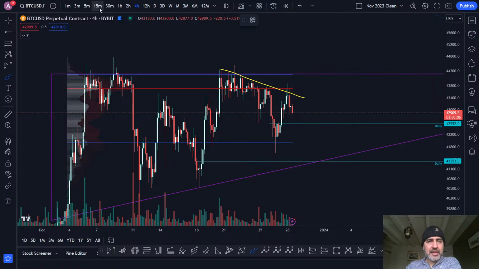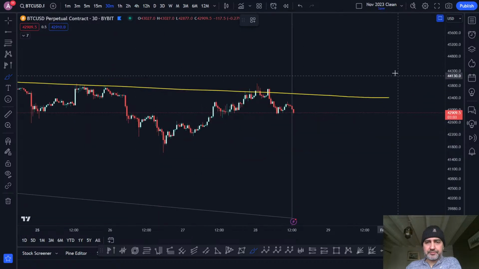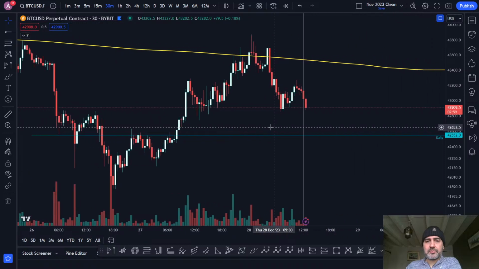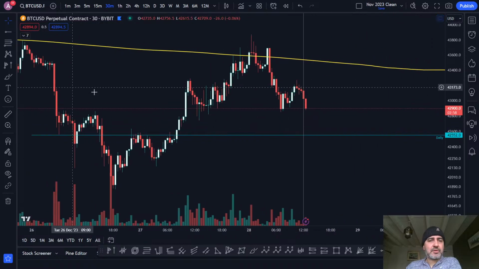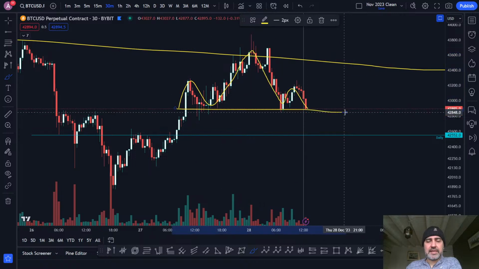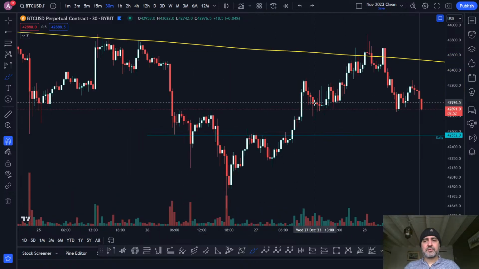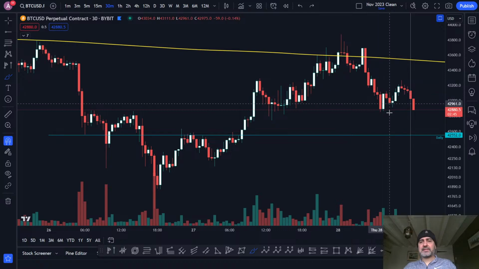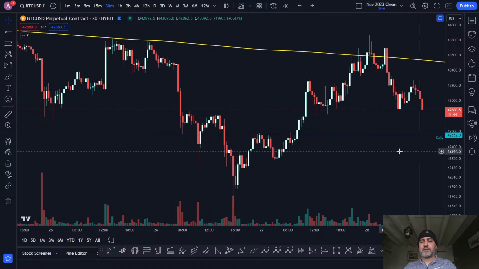On the lower time frame I showed you a potential head and shoulders pattern that's forming here. See that? But there was also a really mini one up here. So you have patterns within patterns that form.